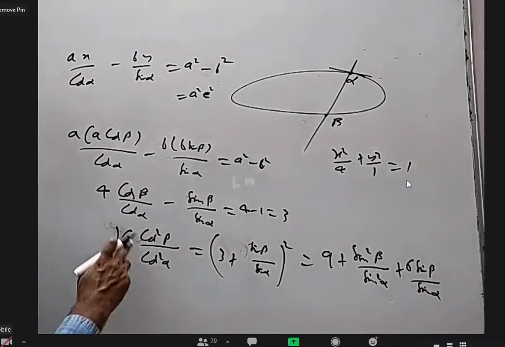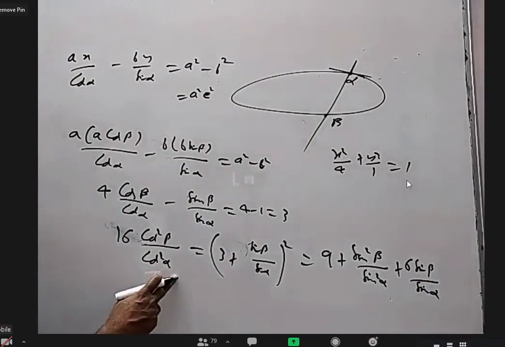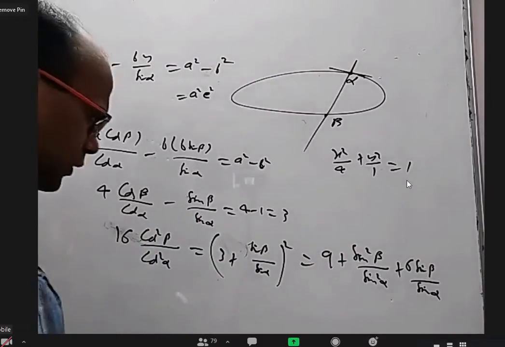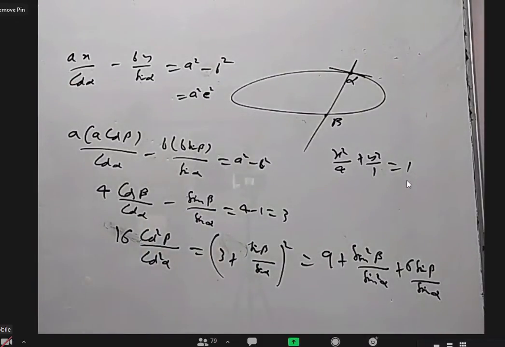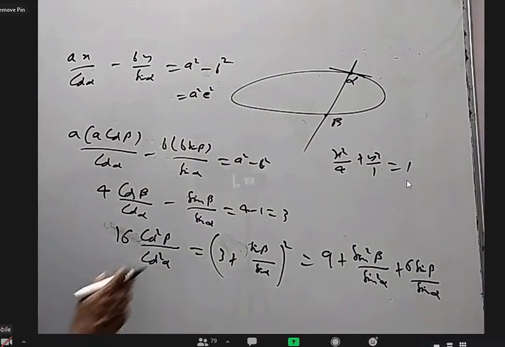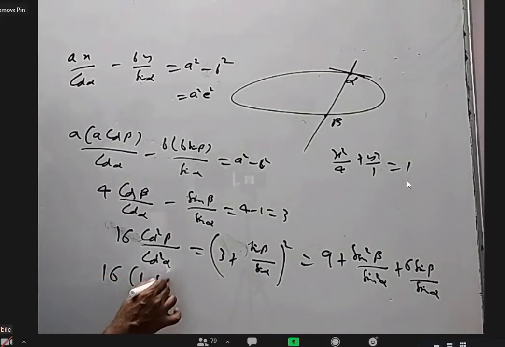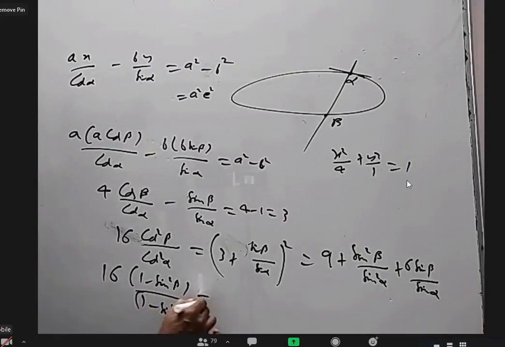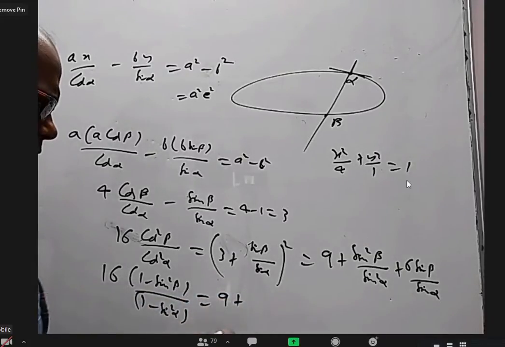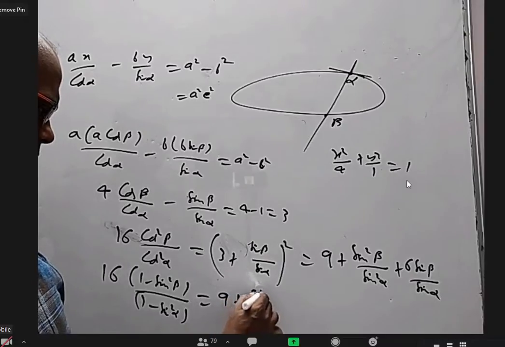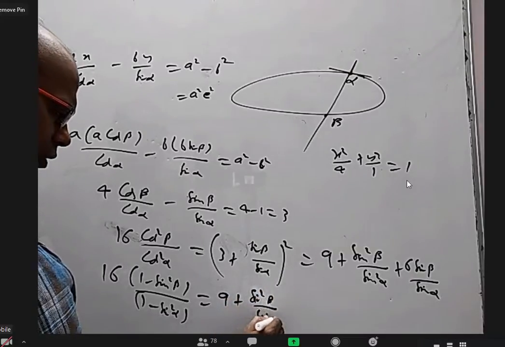Okay, let me write 1 minus sin square beta, 1 minus sin square alpha, and bring sin square beta one side. So 16 into 1 minus sin square beta by 1 minus sin square alpha is equal to 9 plus sin square beta by sin square alpha.